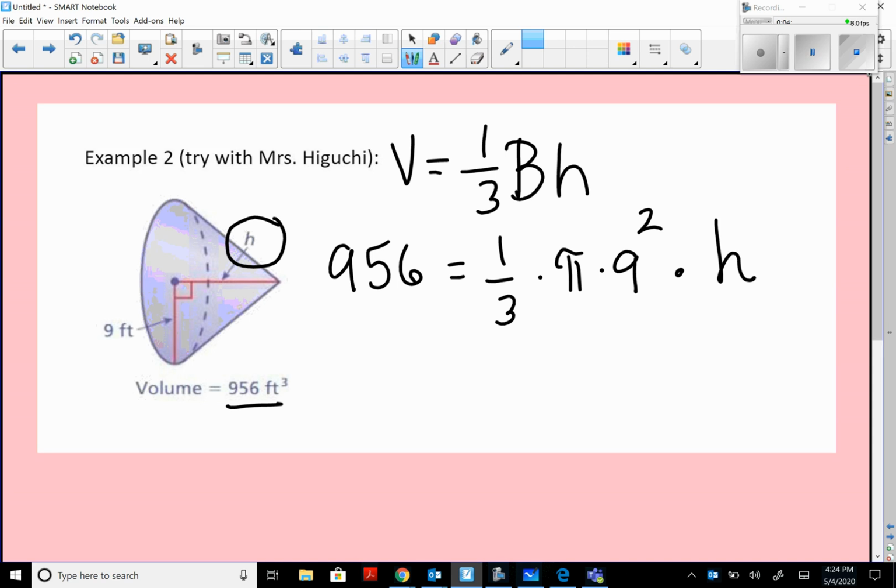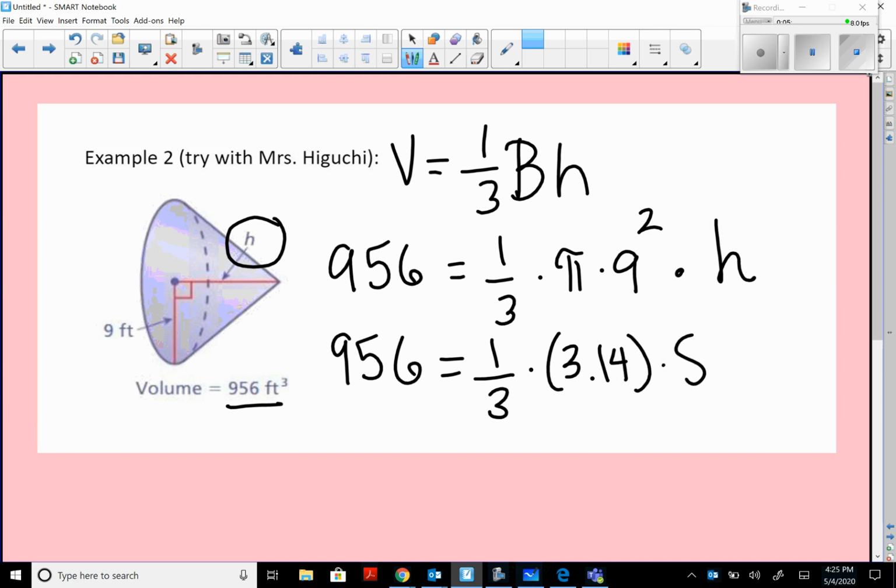Since we're trying to solve for height, we're going to go ahead and just get an approximate answer. So rather than trying to leave it in terms of pi, which I think will make it very confusing for some of you, I'm going to go ahead and plug in the 3.14. So 956 equals 1/3 times 3.14 times 9 to the second power, which is 81, times h.